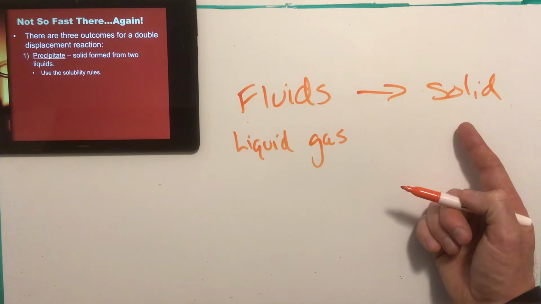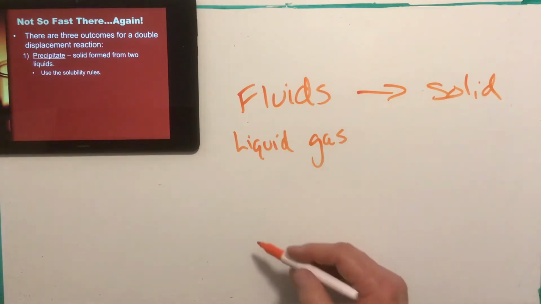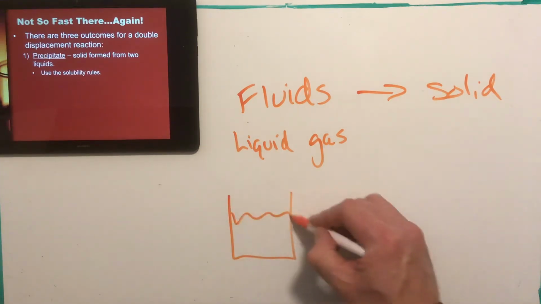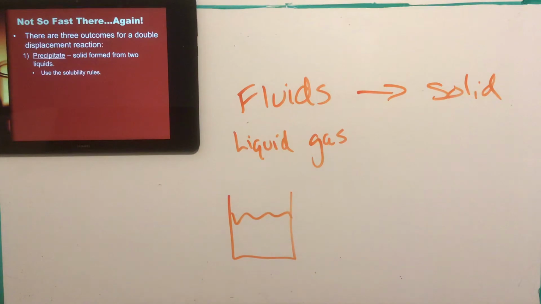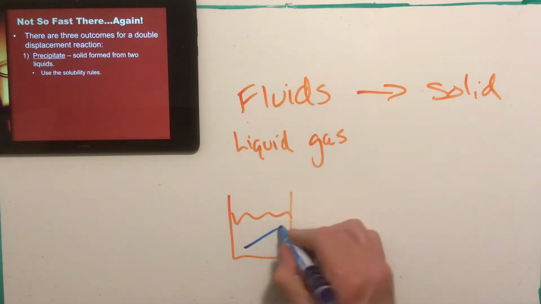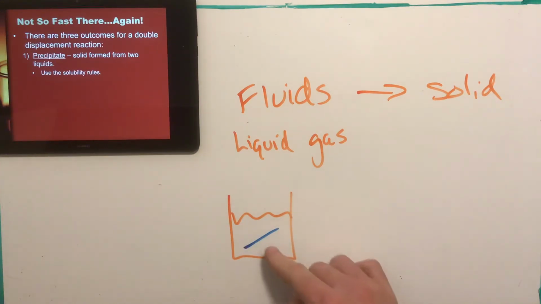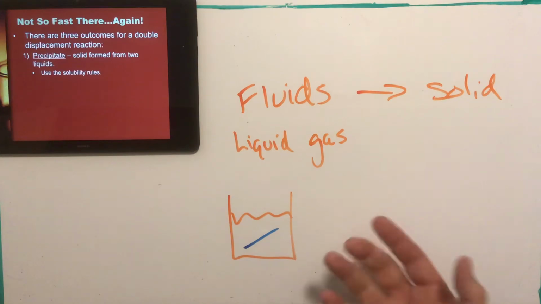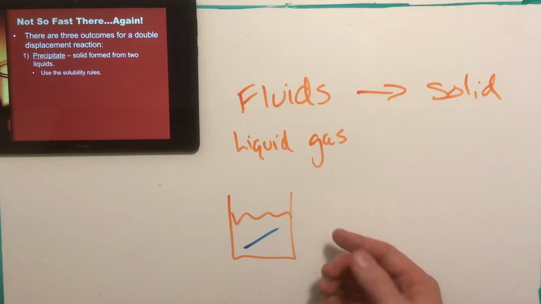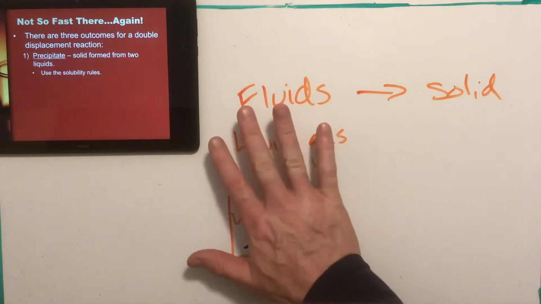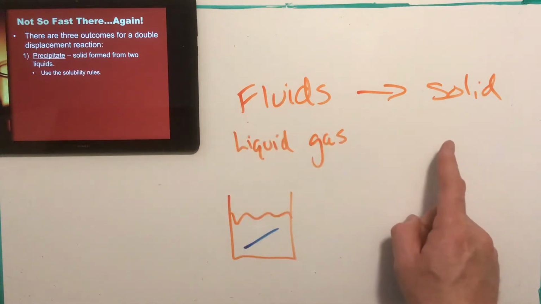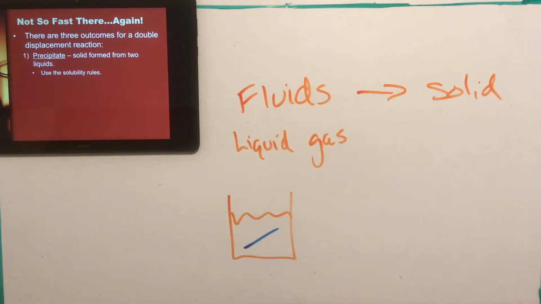Neither of these had a solid component going into the reaction, but then a solid was formed in it, right? Now, if I take something like a beaker full of a fluid, and I drop a piece of metal in there, well, the piece of metal was a solid to begin with. So I can't say, look at the precipitate that was formed. No, the piece of metal was solid to start with. You have to have no solids going in and one coming out. That's a precipitate. All right?